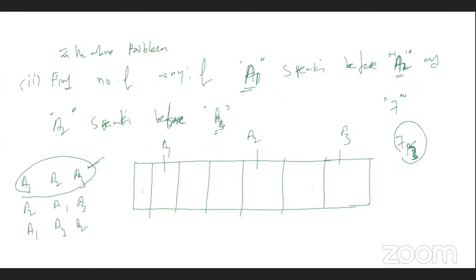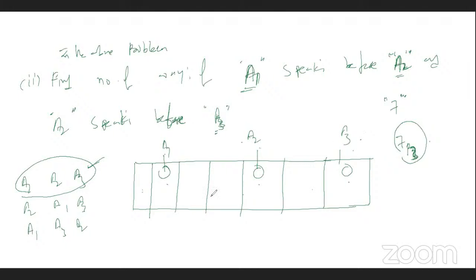And in this case A2 is here, A1 is here, A3 is here. That is also I am considering. A3 A1 A2. So the 3 speakers arranging in the 3 places, all we are considering it. But I need A1 speaks before A2 and A2 speaks before A3.